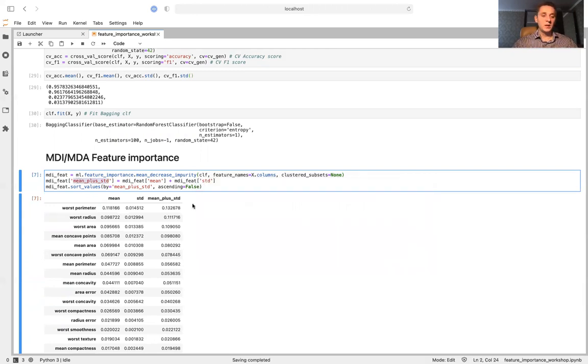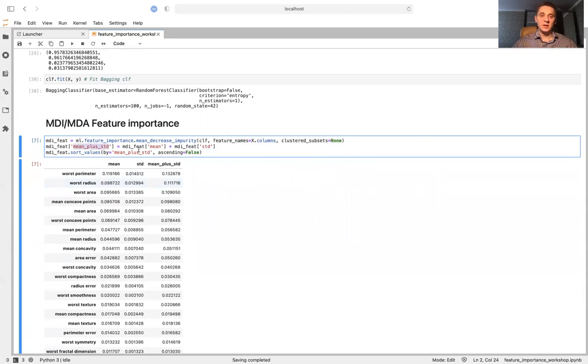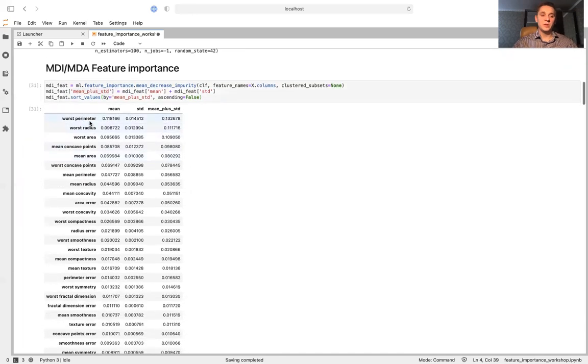So we can take the mean value of MDI and standard deviation, take their sum and sort in descending order by MDI. The MDI feature importance shows that worst perimeter, worst radius, worst area, mean concave points, and mean area features are among the most important.